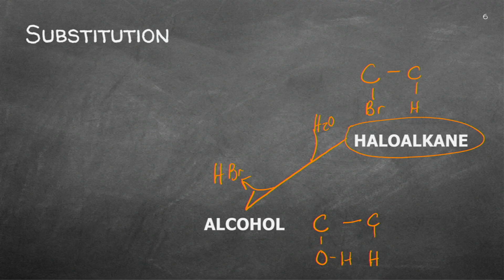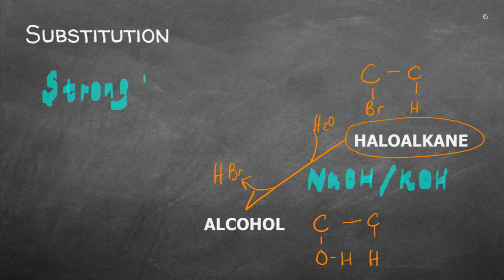Now to do this, you actually need to put in a little bit of energy, and that energy is going to be, be careful, NaOH or potassium OH. So it's a strong base, remember, and water.